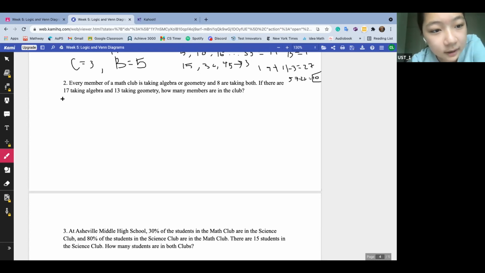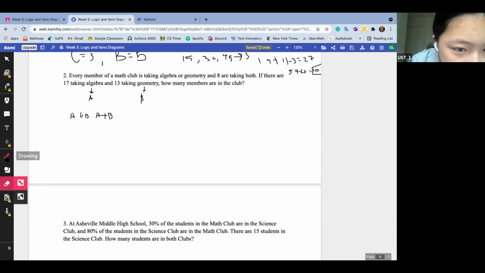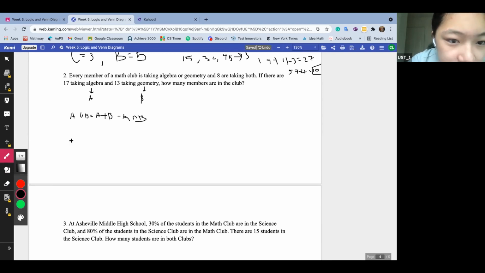Let's say algebra equals set A and geometry equals set B. So from the formula over here, we have A plus B, so 17 plus 13 minus the intersection of them, which is 8, and we'll get 22.